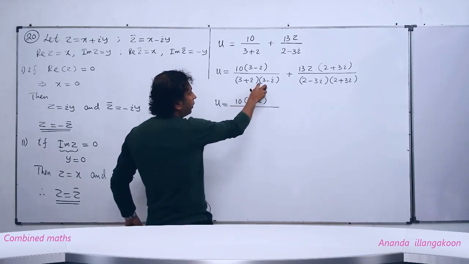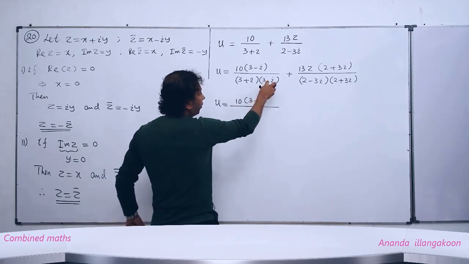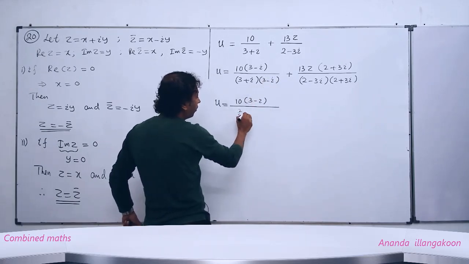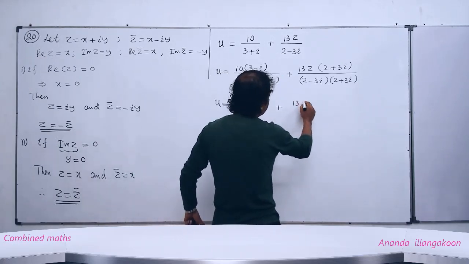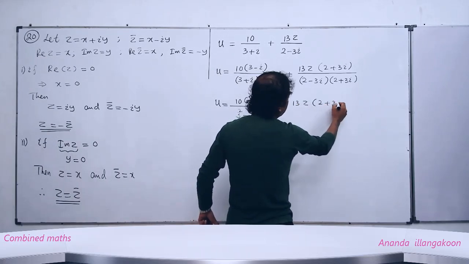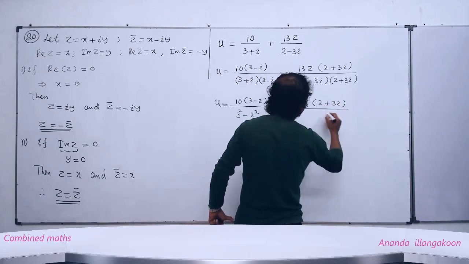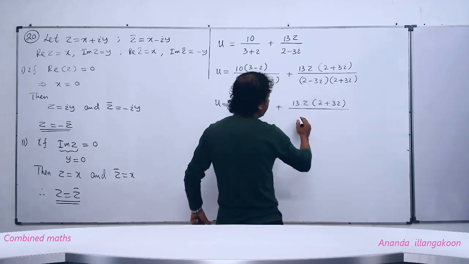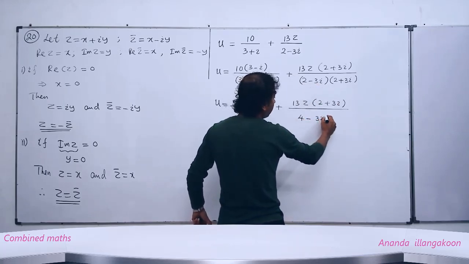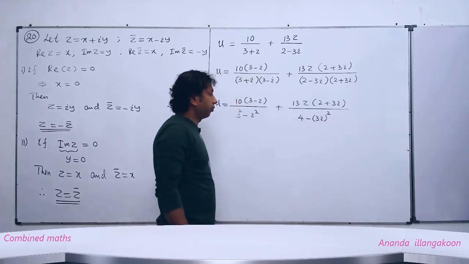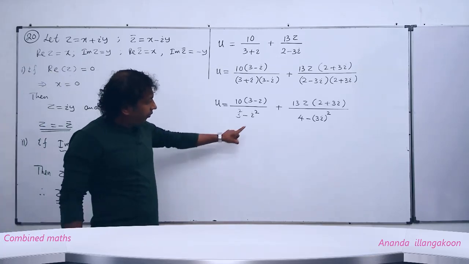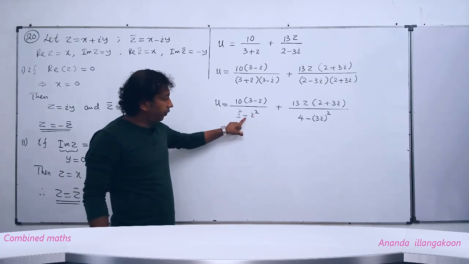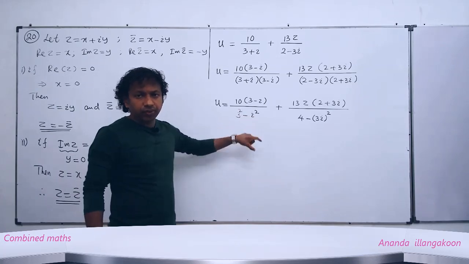Here, a plus b into a minus b, a squared minus b squared coming, no? 3 squared minus i squared. Here, a minus b into a plus b, a squared minus 3i squared, like this. Here, people, i squared is minus 1. That and this plus. Then 3 squared plus 1 means 9 plus 1, 10. Right?